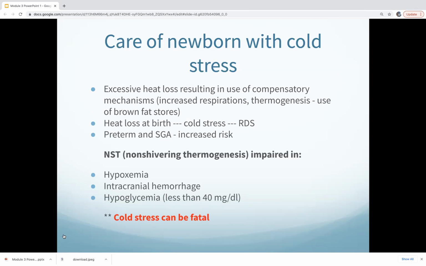I want you to know, for testing purposes, for NCLEX purposes, they use 40 milligrams per deciliter as your standard for hypoglycemia for the neonate. You may see it a little bit different in a NICU at Lehigh Valley or Muhlenberg or Pocono, or in different literature, but currently that is what they are considering. If it changes, I would let you know, but that is the current parameter. So basically, cold stress can be fatal. So you're like, okay, the baby's cold. It can be fatal. Okay, just keep that in mind.